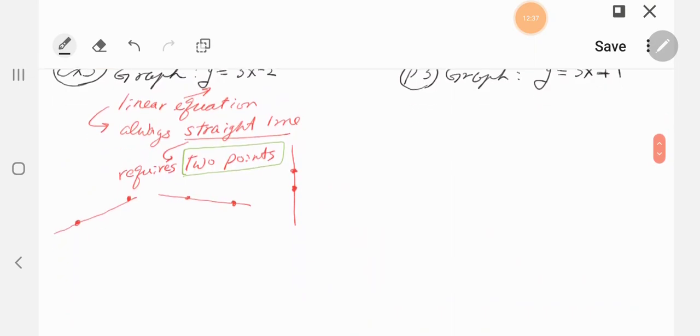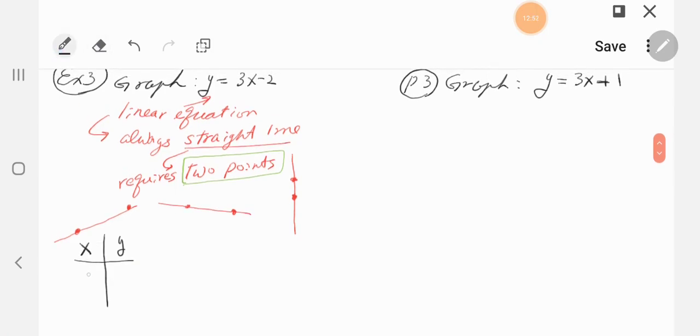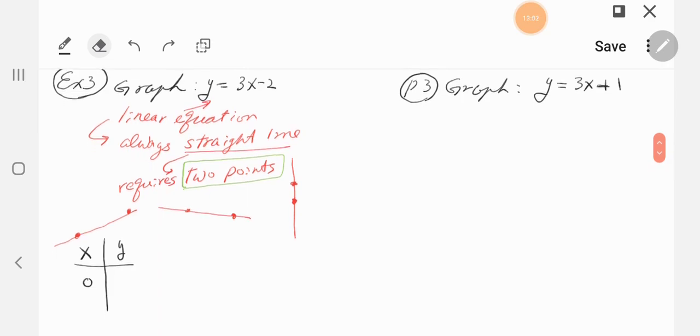So why don't we find two values, an x value and a y value? Draw a table that contains x values and y values. If x equals 0, using 0 is best, because it's very simple to calculate.